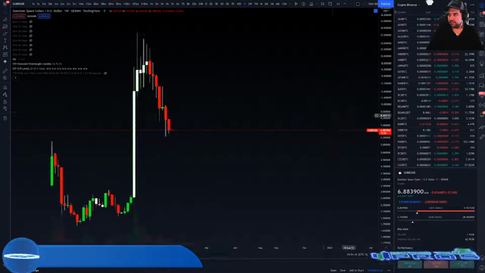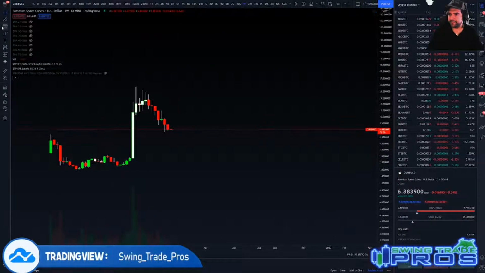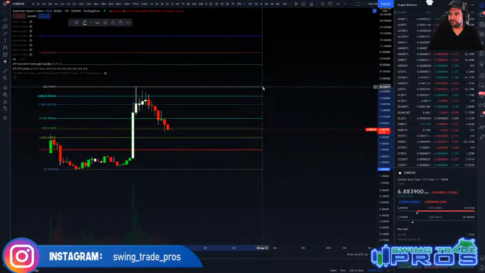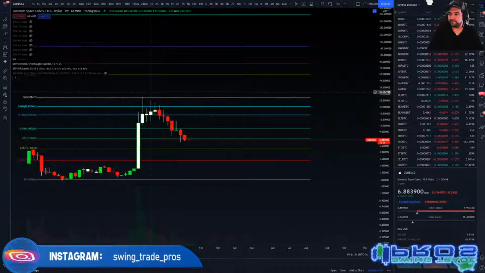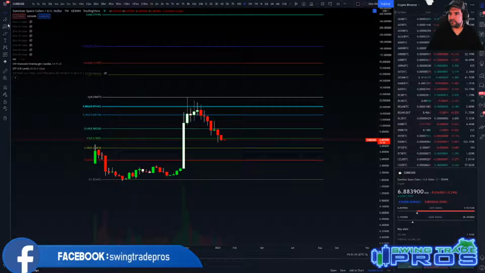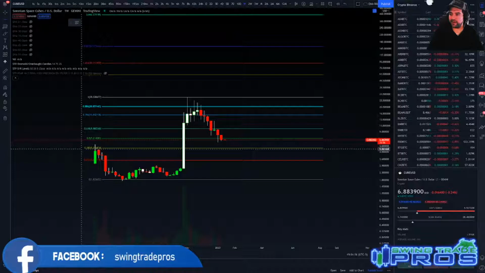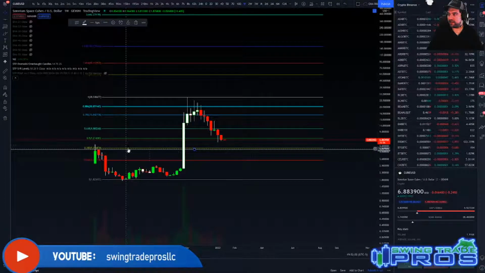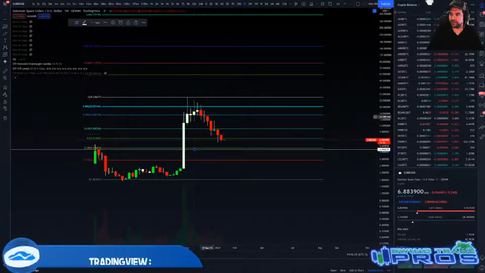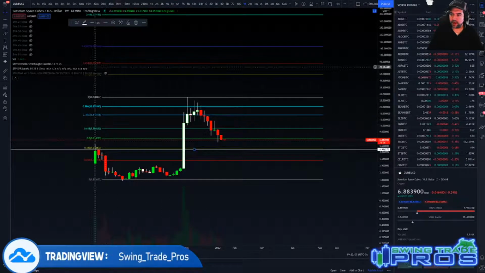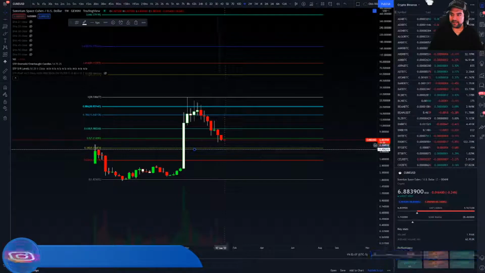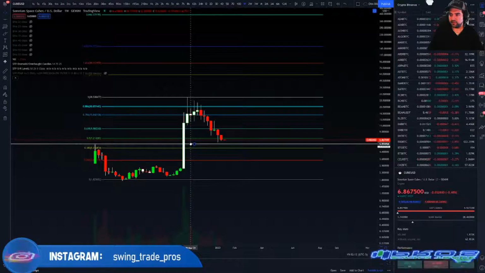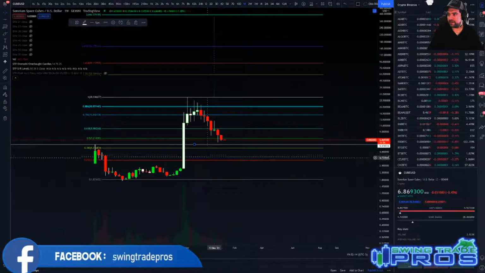Cube. Let's take a look at it. My first guess, it probably comes down to test this area right here, this $5 area. There's no real support here until about here, so I would say it's going to probably come down to test that 382 fib extension, or even this wick high around $6.590.